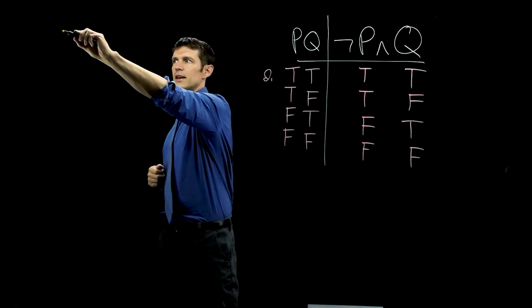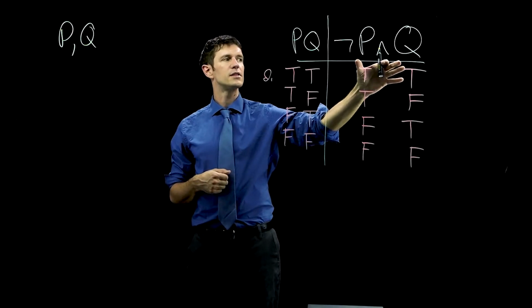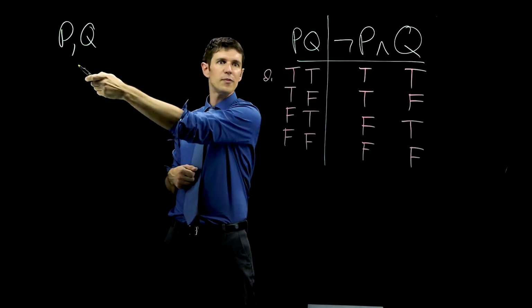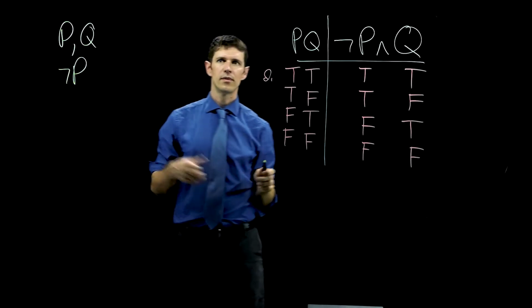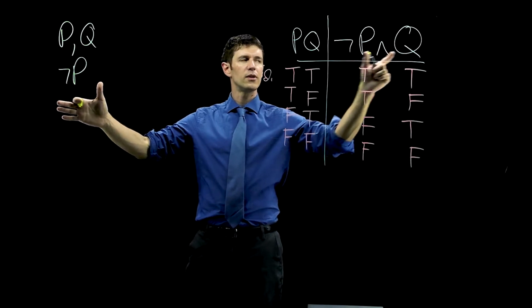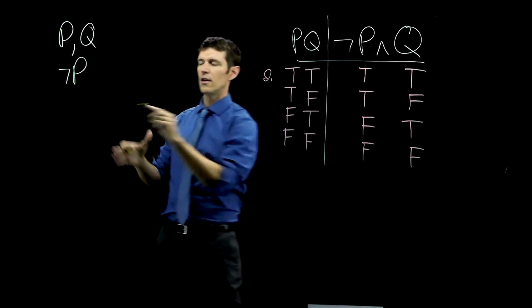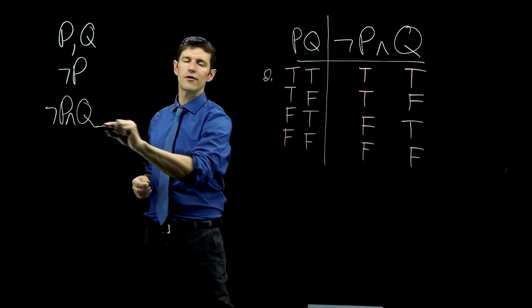Well, I would start by saying that P is a WFF and Q is a WFF. That would be the first thing I would do. And then I would say, if P is a well-formed formula, then not P is a well-formed formula. So we have not P. And then if not P is a well-formed formula and Q is a well-formed formula, then not P and Q is a well-formed formula.